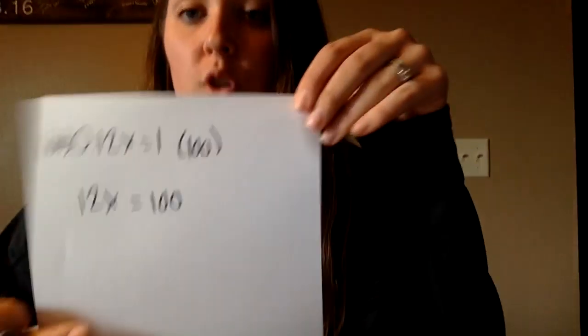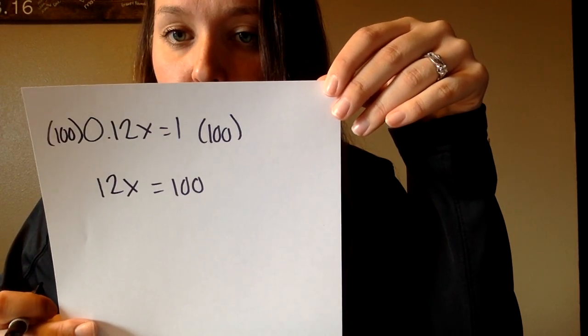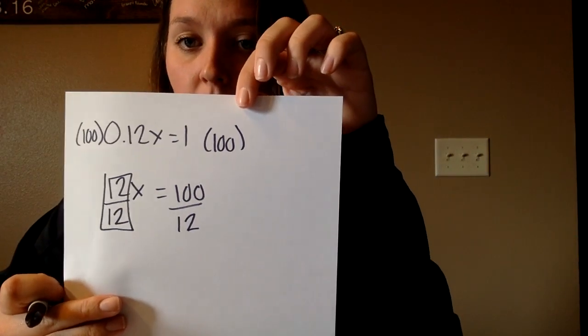Here I'm going to show my work. Multiplied both sides by 100, 12x equals 100. At this point, we do the division again. We take 100 and we divide it by 12.